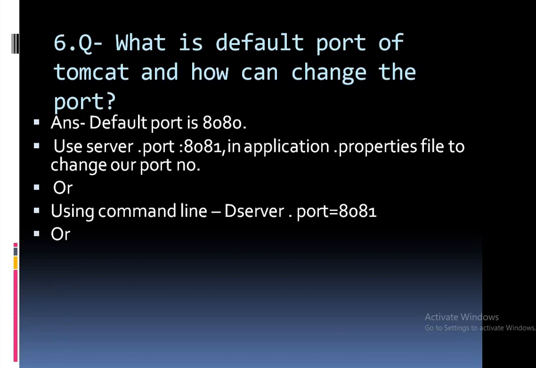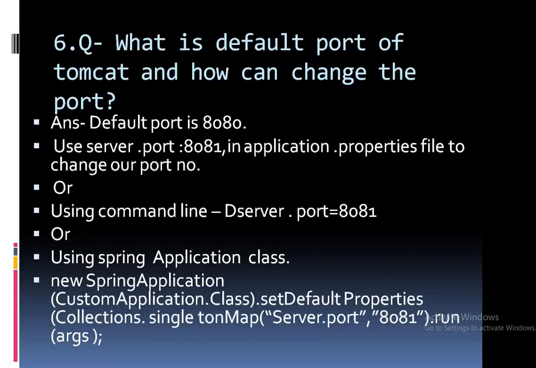Another way is using the SpringApplication class: we create a new SpringApplication with our application class, call setDefaultProperties with Collections.singletonMap for server.port, mention the required port number, and then run it. In this way, we can also change the port.